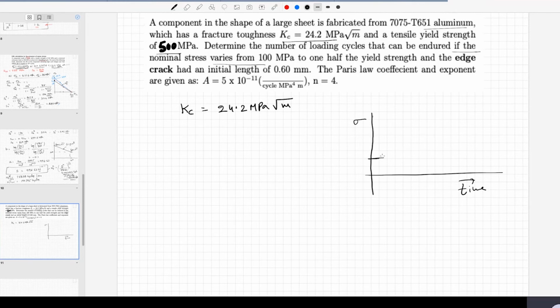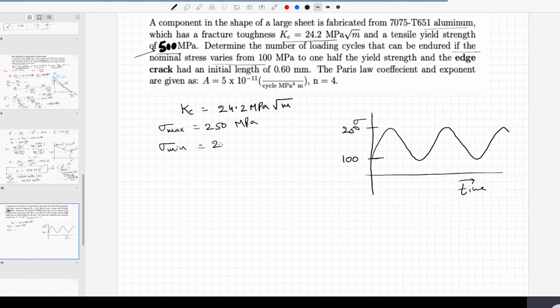Then it is actually cycling from 100 MPa to 1/2 of the yield strength. 1/2 of yield strength is about 250, right? This is 250. So basically it is cycling between, this is the loading scenario. I have chosen it to be sinusoidal, but it doesn't have to be. But what is important here is your sigma max is 250 MPa and sigma min is 100 MPa. That's what we are saying.